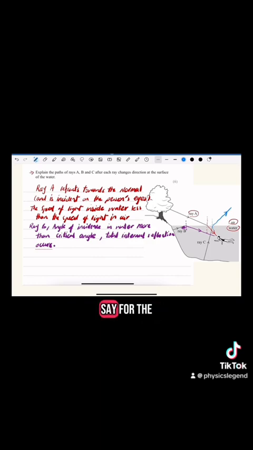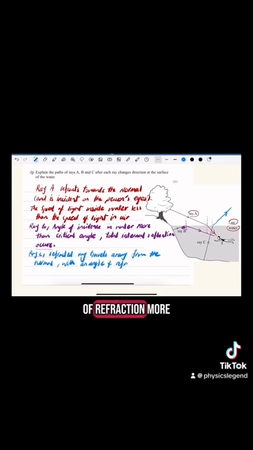For the ray C, the refracted ray travels away from the normal with an angle of refraction more than the angle of incidence.